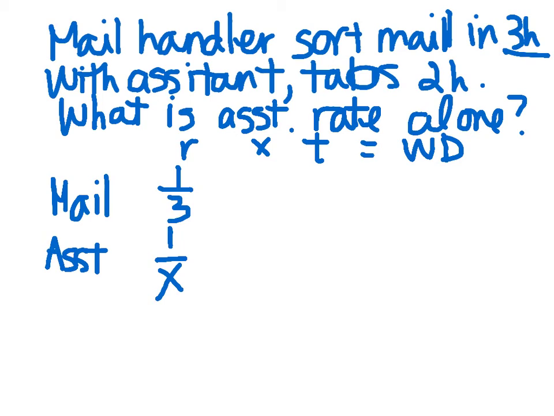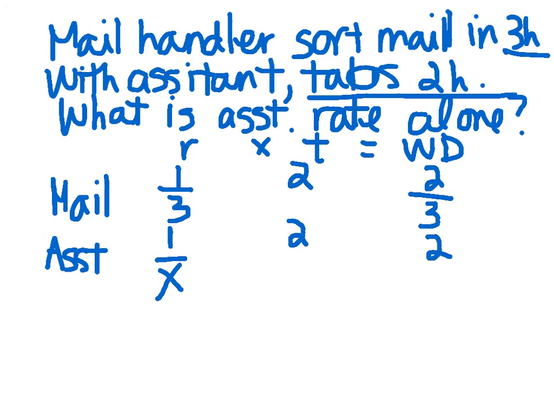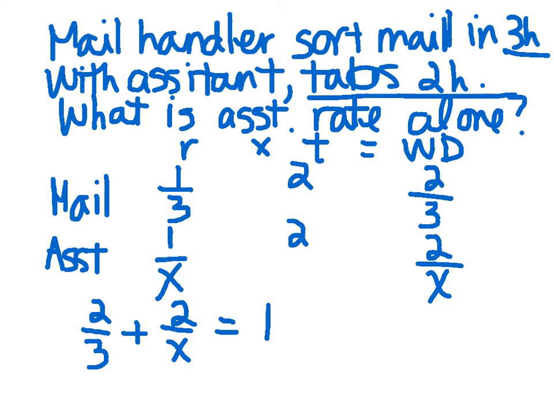Now, how long are they working? Well, it talks about where they're working together. It takes 2 hours. So when they work together, it's 2 hours. So the male handler alone can get 2/3 of the job done. The assistant can get 2/x. So 2/3 plus 2/x equals the whole job. I'm not going to solve that because I do know that you can do it.